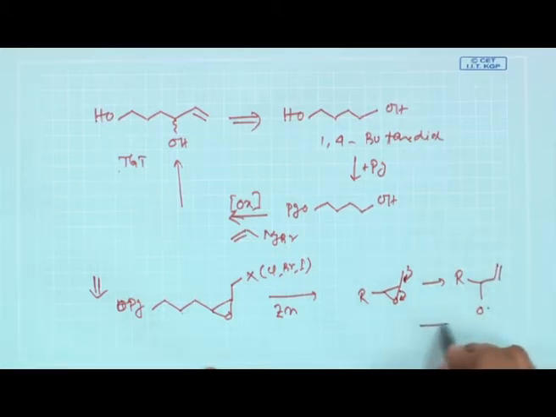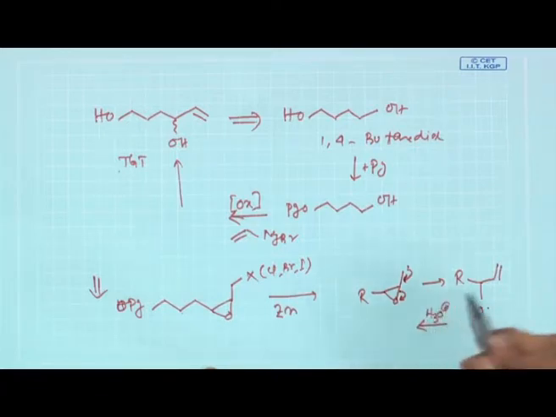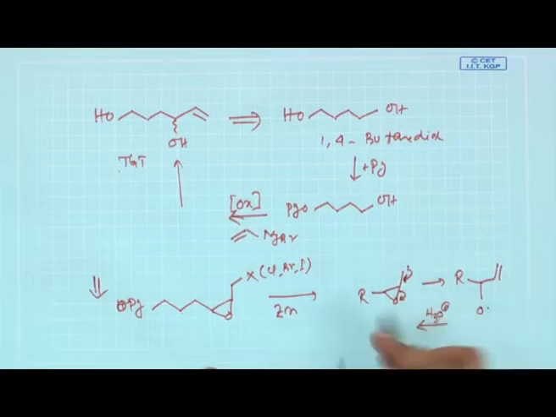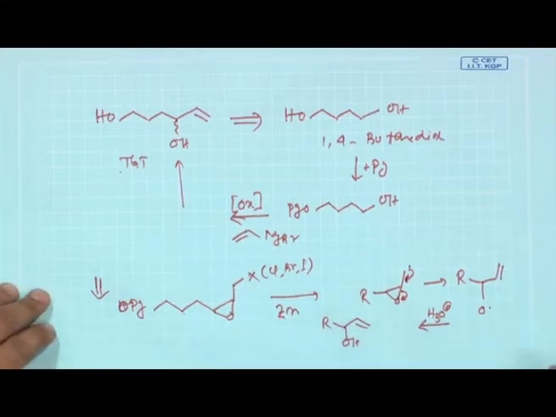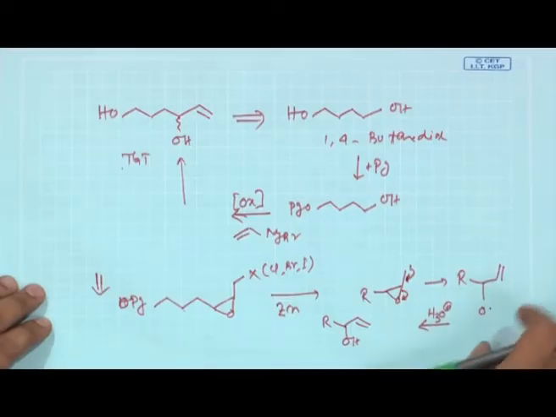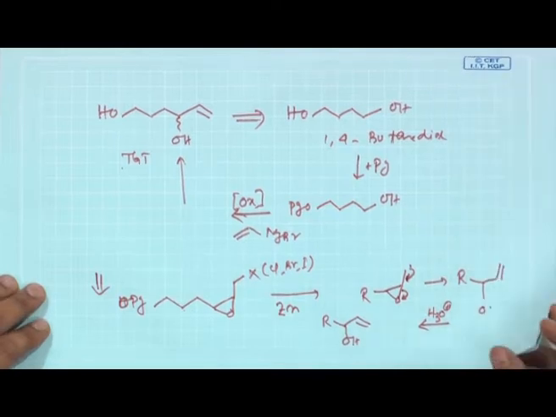Now, this O dot abstracts a proton from either an acid source or a solvent to give you an allylic alcohol. This is another alternative way. It is basically a dehalogenation reaction, and it is favored by an epoxy system, if you have an epoxy system here.